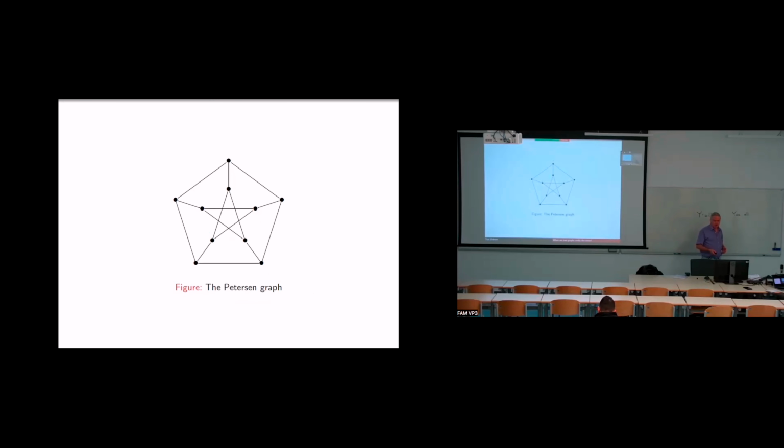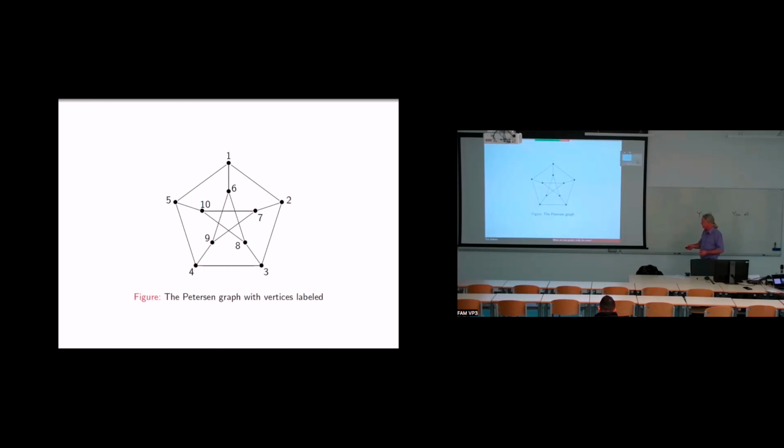Now, if you look at the graph I had before, I didn't write the labels. And that's because if you look at this picture, it's a bit more crowded and cluttered. So unless I need the labels, I'm not going to write them. But if I need them, they are lurking there in the background.